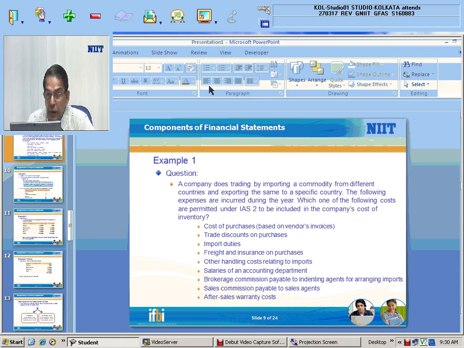Brokerage commission payable to indenting agents for arranging imports, will it be included? Brokerage commission payable to indenting agents for arranging imports is a part of the cost of acquisition. So you pay to the broker, yes, it will be included, because you pay the broker who arranges the imports for you.